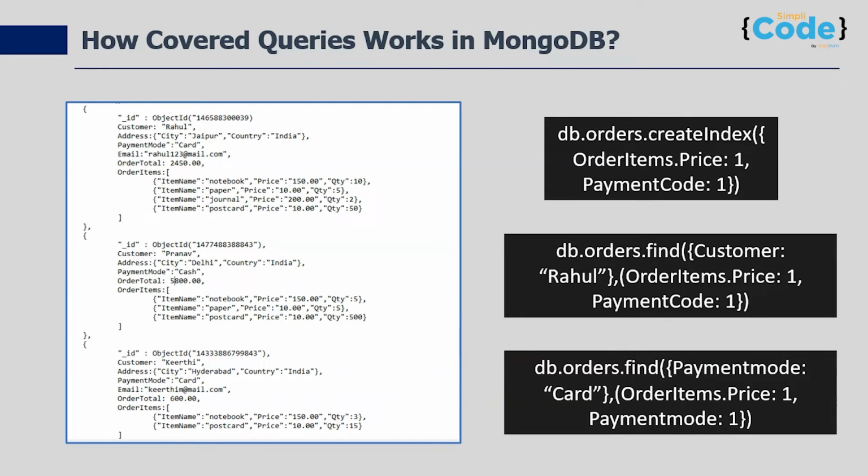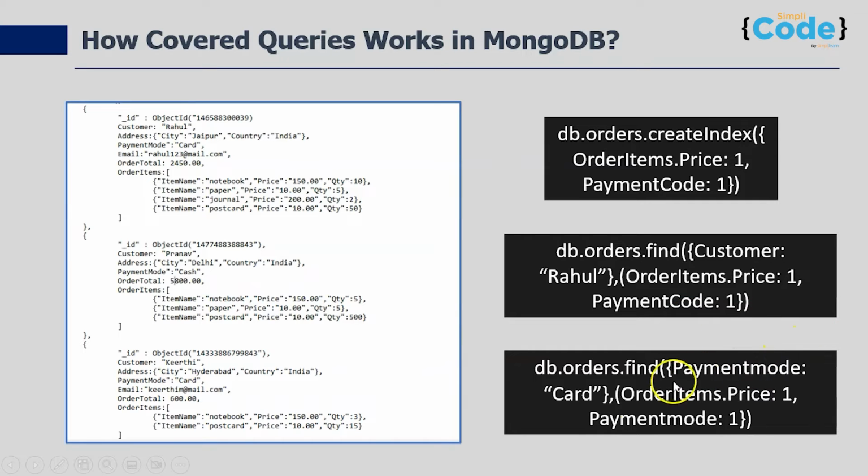Now, instead of that, I'm taking another query. Let's say I have created an index on orderItems.price and paymentMode, right? Now, I'm querying for data wherein I'm trying to find the payment mode equal to card. If you look clearly at the index that we have created, payment mode is already included in the index, and I'm trying to find it in the same way.